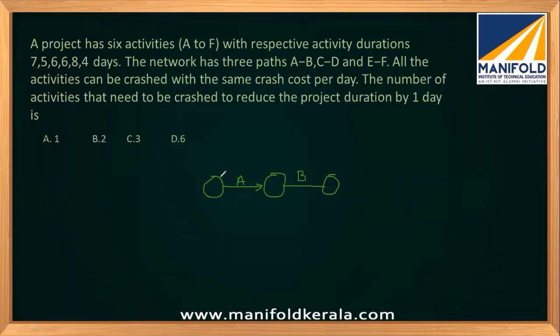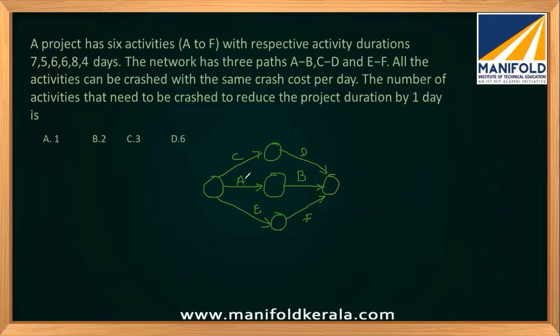Similarly, C and D, and this is the end. Similarly for E and F. Just understand the question: it says there are three paths, A, B, C, D, E, F. One could get confused, but don't get confused. Just draw whatever we have learned. So these are the paths.